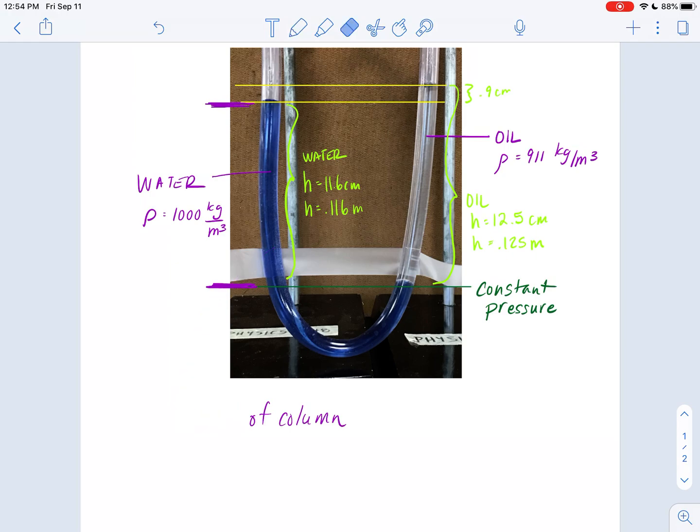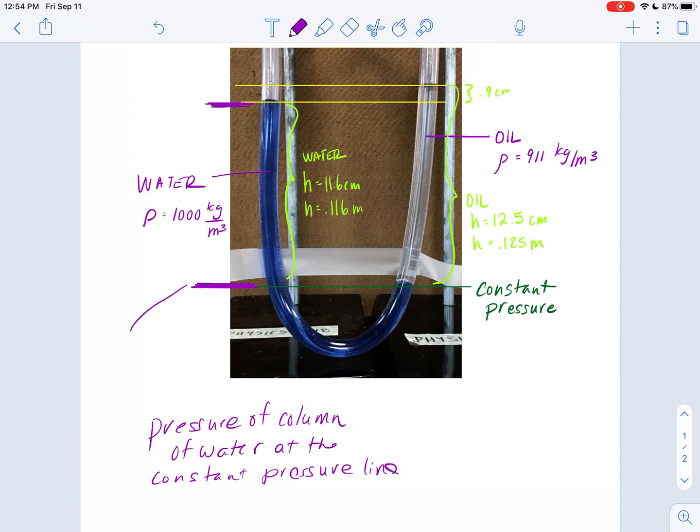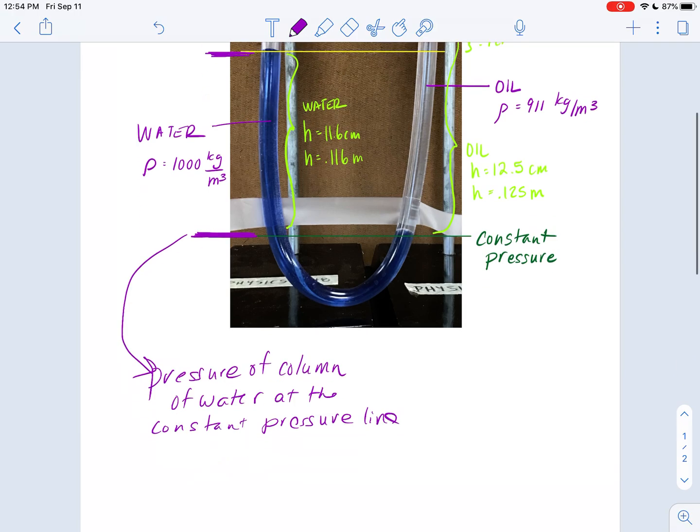I'm going to do this right. I'm going to find the pressure of the column of water at the constant pressure line. So again, that's this line. I drew it in green, now I'm drawing it in purple. I'm going to find the pressure right there.